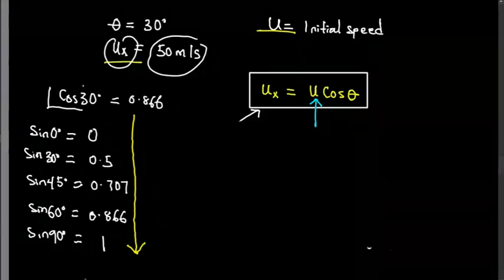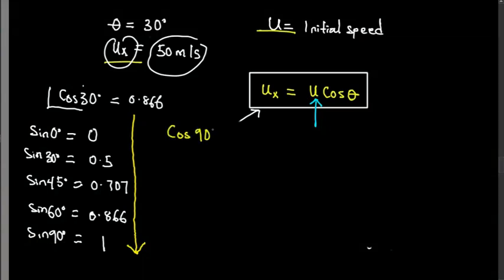After memorizing them, to get the cosine, you have to invert. Are we following? So sine 0 degrees is equal to cos 90 degrees. So sine 0 is the same thing as saying cos 90.